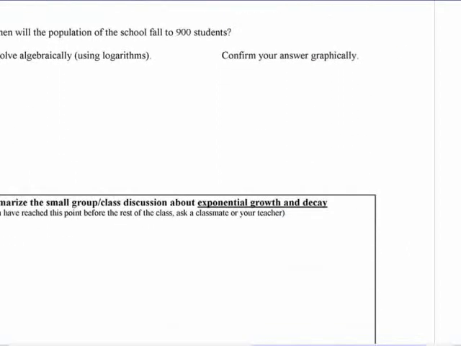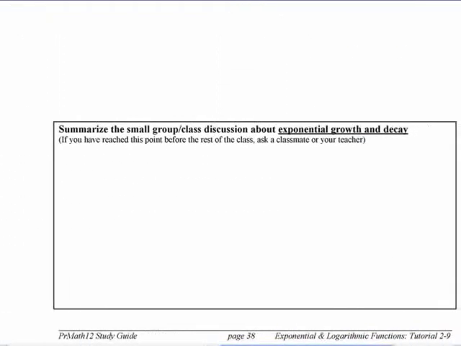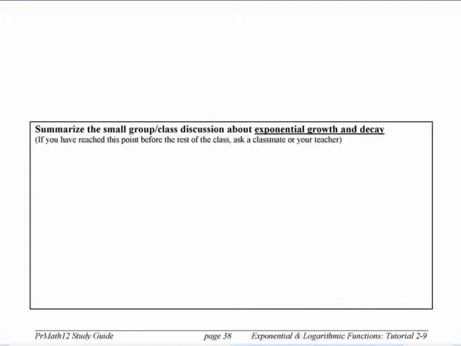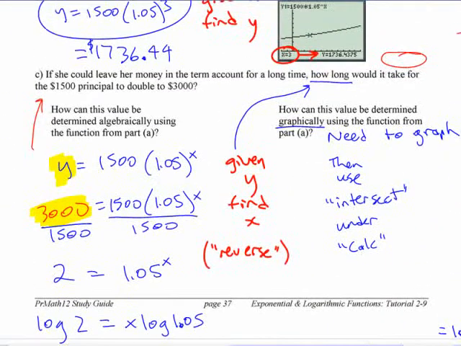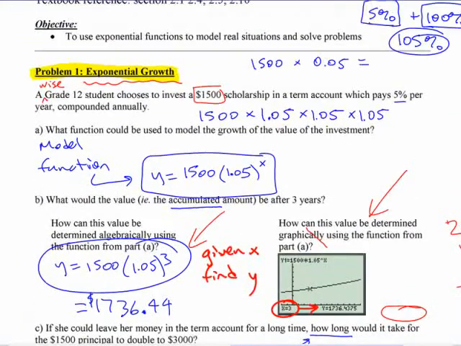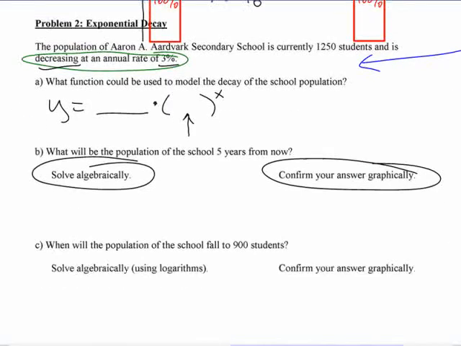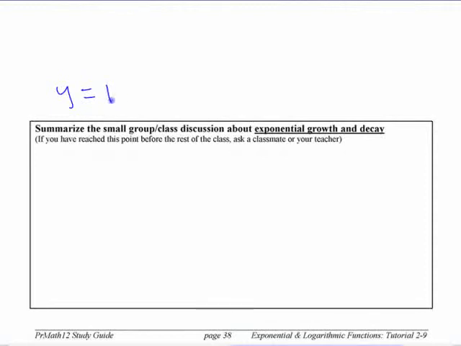And the basic equation we were using, which we could probably put in this nice box here, when we had the population growth one, something growing at 5%, we had 1500 times 1.05 to the power of x. You can use whatever letters you want. Here I'm just using x for time and y is the value after a certain amount of time.